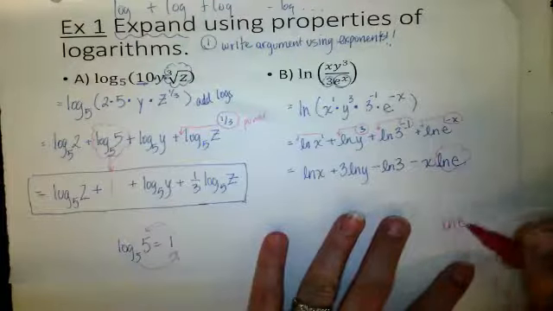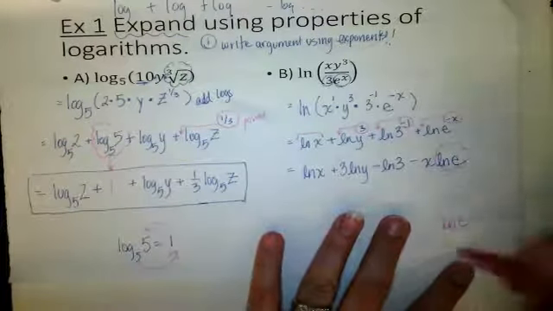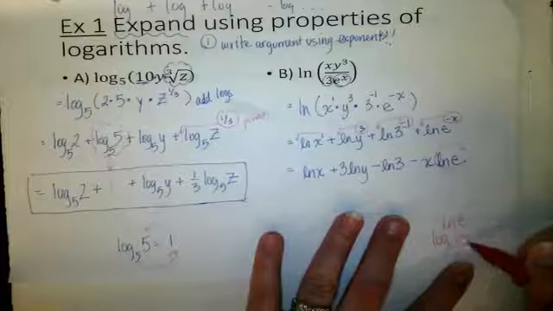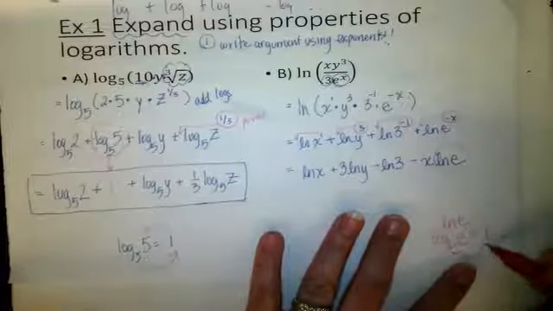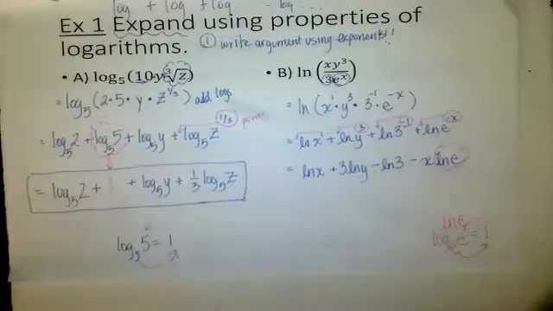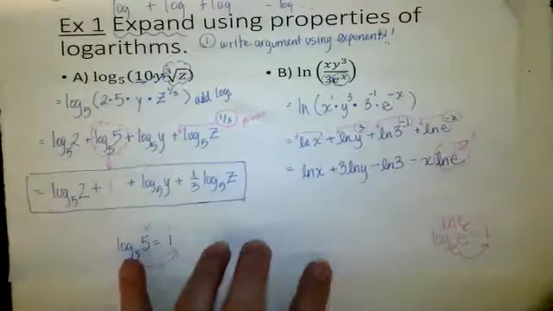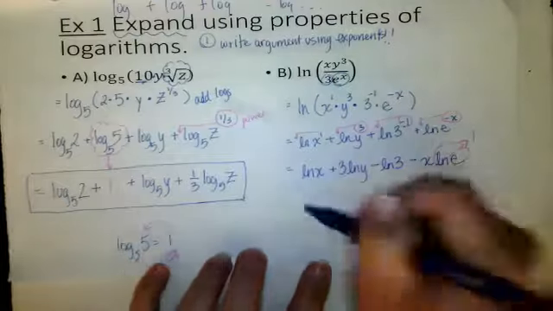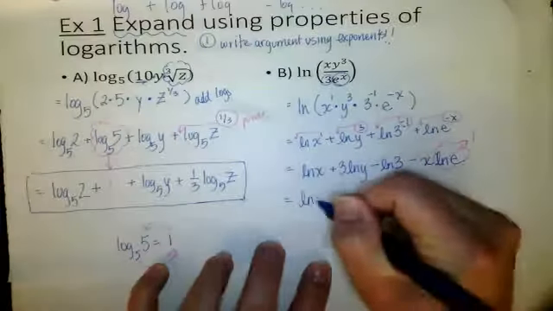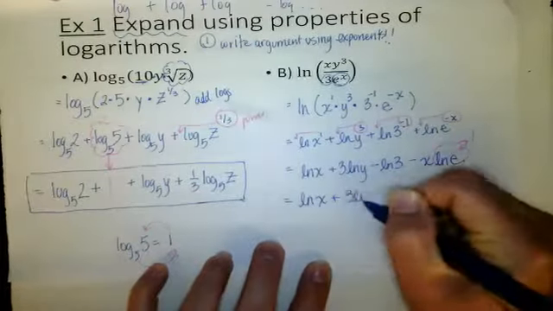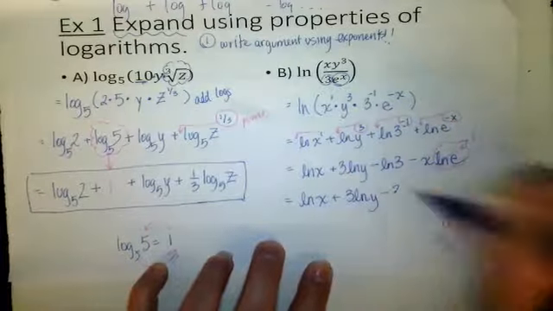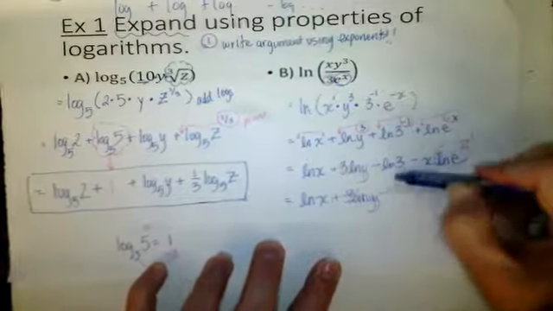What is natural log? Log base e of e, and it's equal to 1 because, again, if you give it a swirly, e to the first equals e. It makes perfect sense, okay? So anytime you see natural log of e, it really is just 1, which is kind of nice. And so we have natural log of x plus 3 natural log y, whoops, minus natural log of 3, minus x.